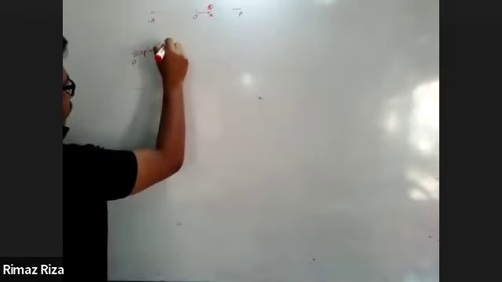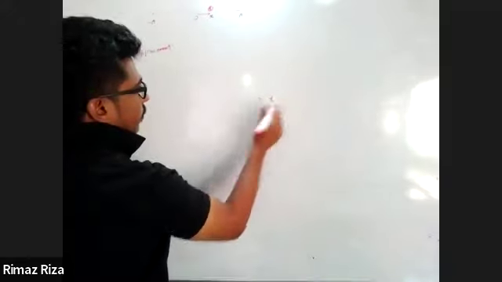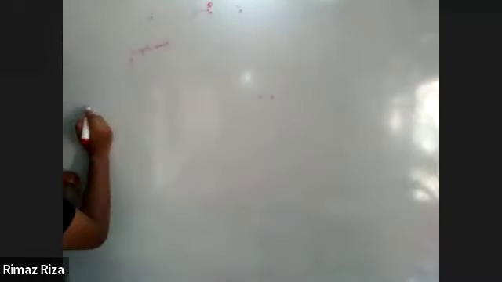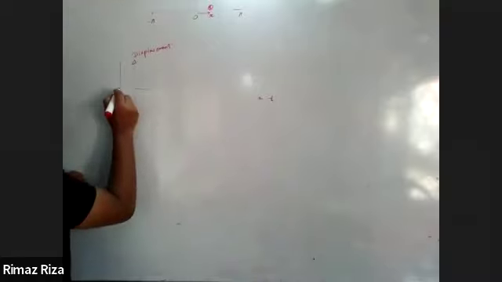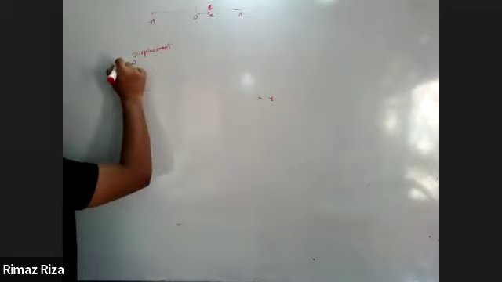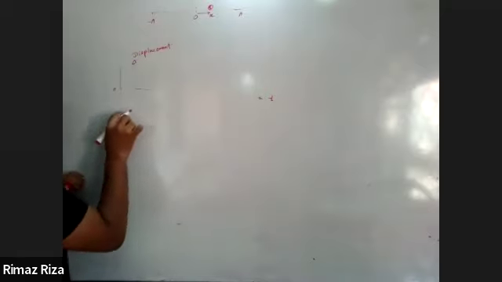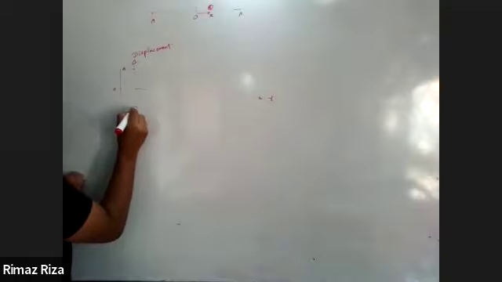Displacement and time. Okay, so if I start to measure the time when the particle is here at t equals 0, I'll draw it something like this. Here is the mean position, this is plus a and minus a.